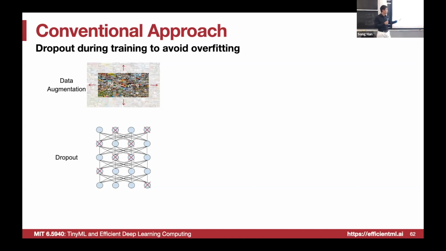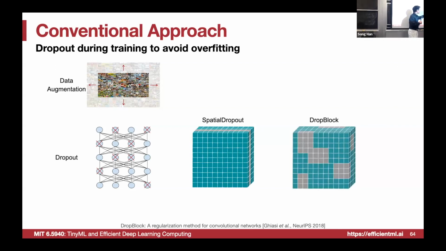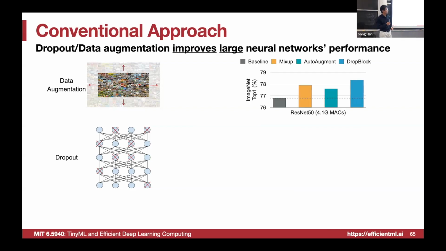At training time, we randomly remove different activations, but at inference time they all come back and you still run the full model. Only during training do you randomly remove some of the neurons. There is also spatial dropout, where you remove a whole channel, or DropBlock, which removes a few blocks more coarsely.